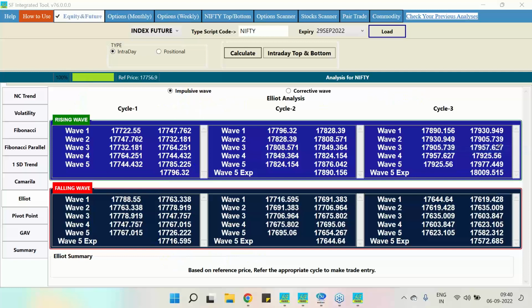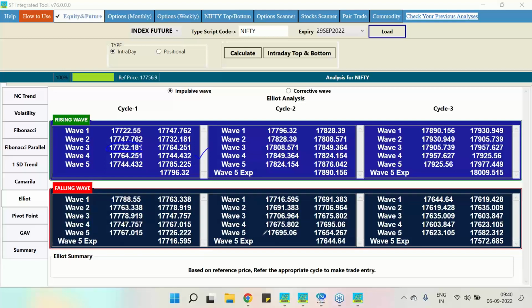Once you identify the pattern, then you need to fix where you should enter the trade, buy or sell. That is very important. In the impulsive pattern, you have 2 points to enter the trade: wave 3 construction, or wave 4 ending.